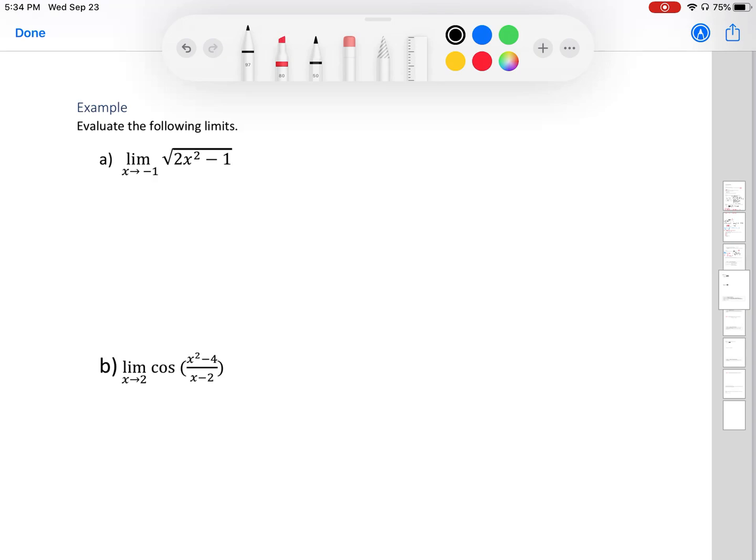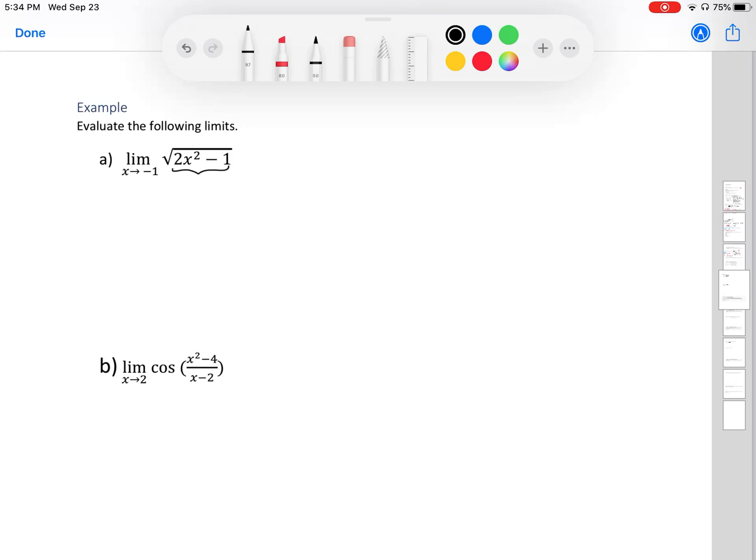We're being asked to evaluate the following limit: the limit as x approaching -1 of the square root of 2x squared minus 1. Alright, so let's go ahead and input -1 for the inside. We can take the limit of the inside.